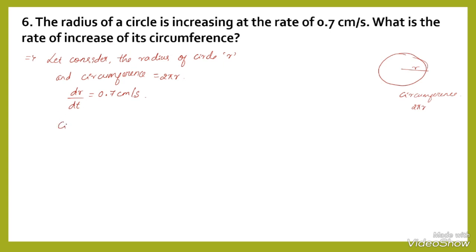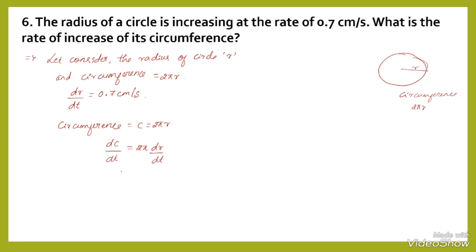So the circumference of the circle will be C equals 2 pi r. The rate of change of circumference, dC by dt, is equal to 2 pi times the differentiation of r, which is dr by dt.